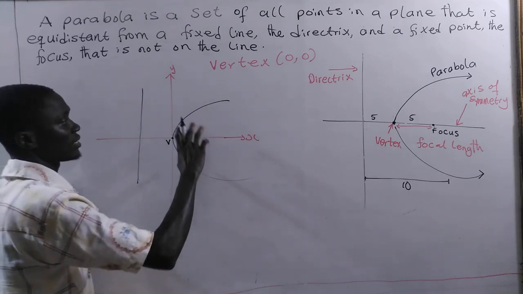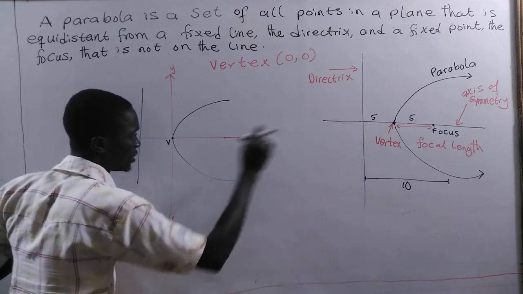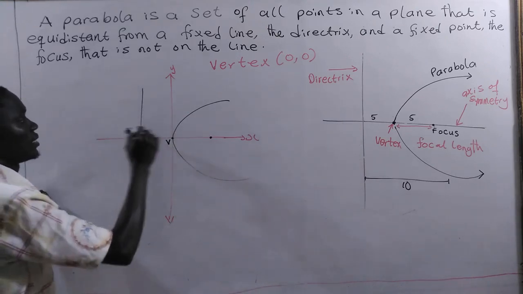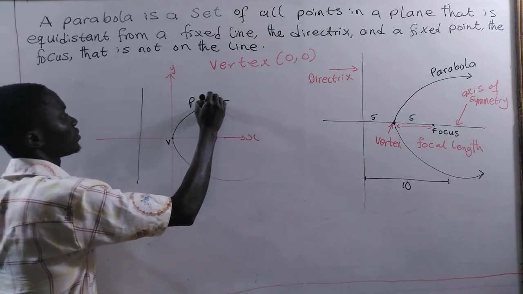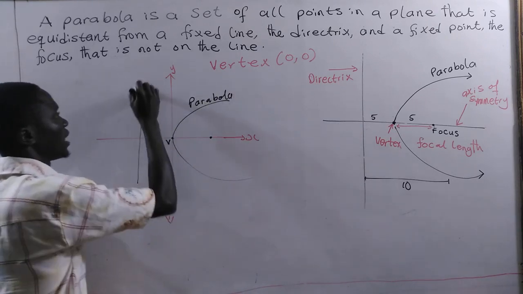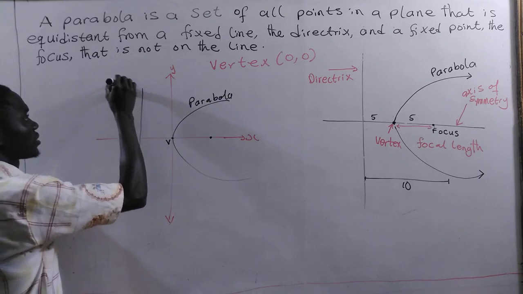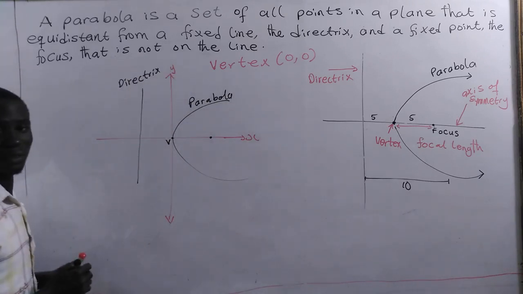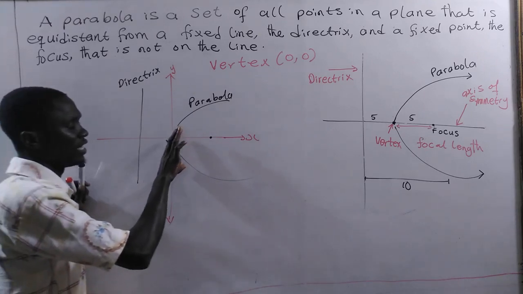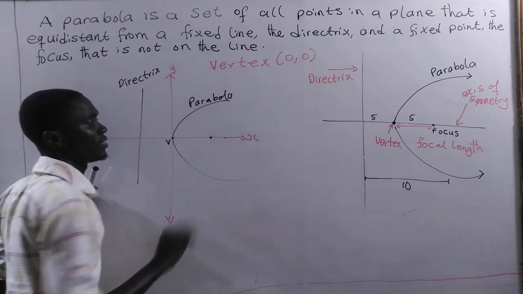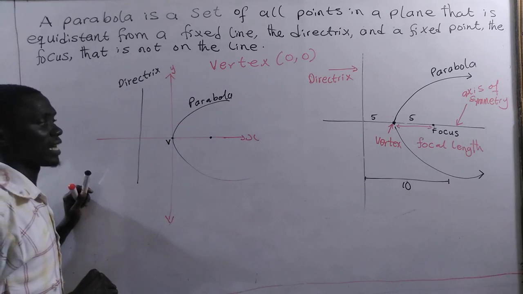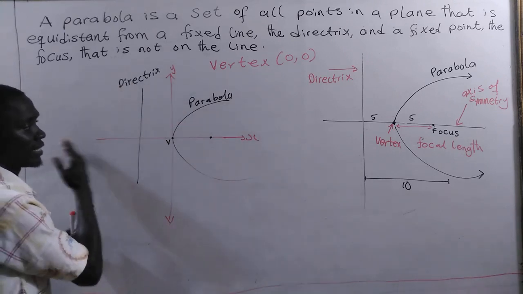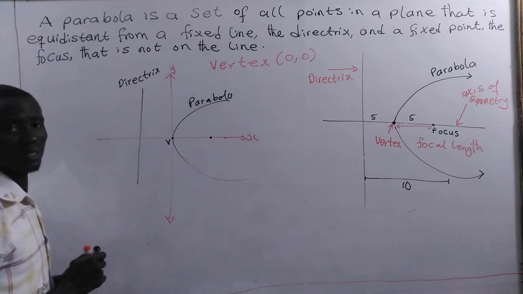So you see that the parabola is open to this. We have our focus here. This is our parabola. And this one is our directrix. So you see that if the parabola opens to the positive x-axis, the directrix is at the negative side, at the opposite side, so this way.